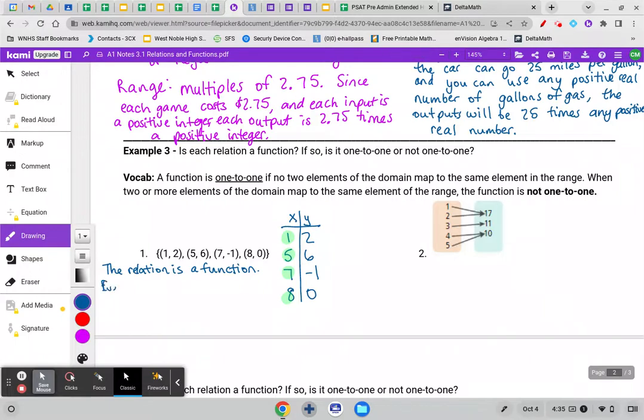And because every element of the domain, so I'm going to write that out, 1, 5, 7, and 8, maps to exactly one element of the range, which I will write out, 2, 6, -1, and 0.